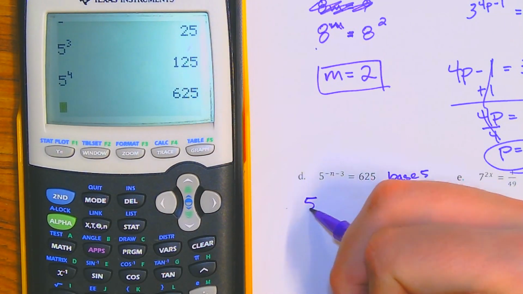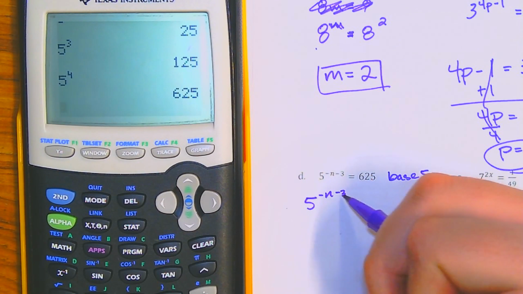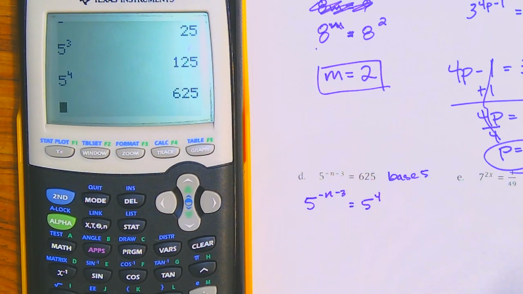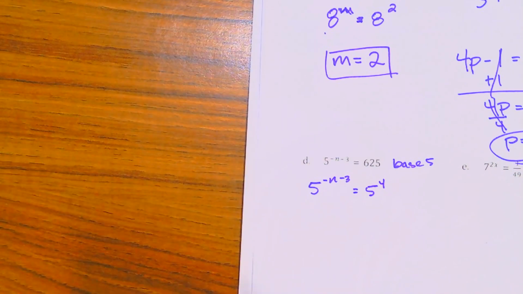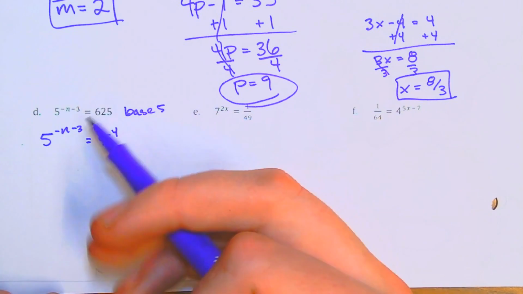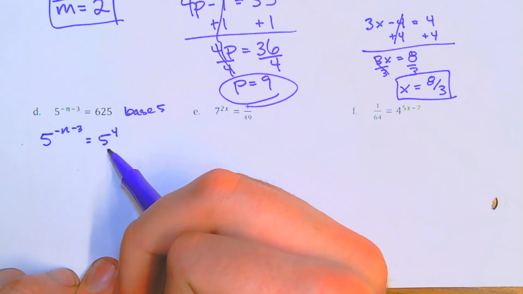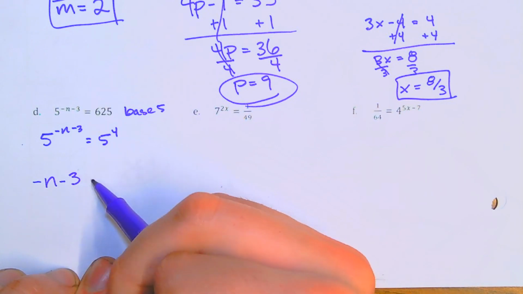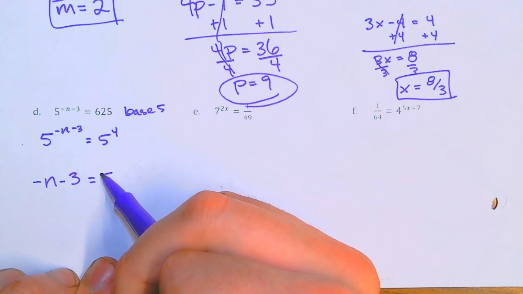So I'm going to rewrite my equation as 5 to the negative n minus 3 equals 5 to the 4. Okay? And once again, are my bases equal? Yes, they are. They're both base 5, so I can just rewrite my equation as negative n minus 3 equals 4.